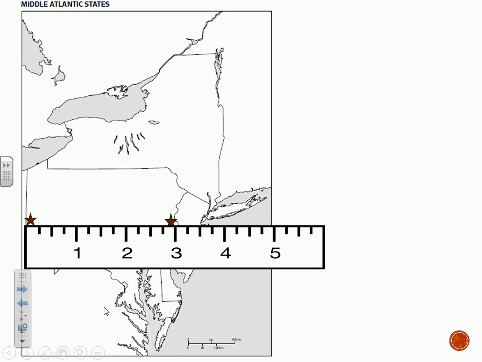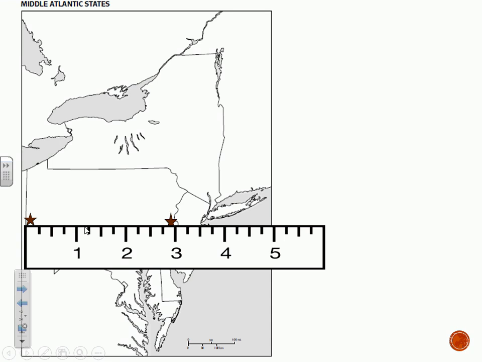So we're going to take 200 miles and multiply that by 3 for 3 inches, because we're doing 200, 200, 200. And the actual distance between these two is 600 miles.